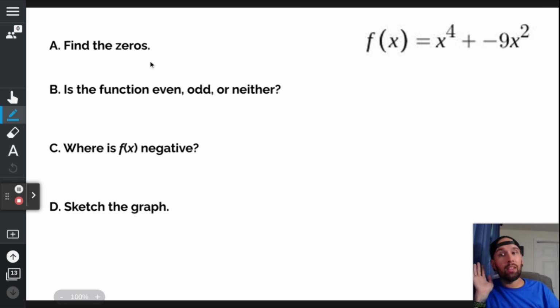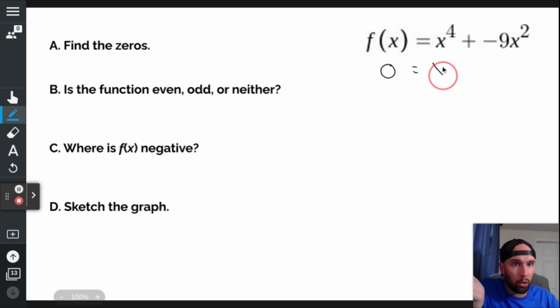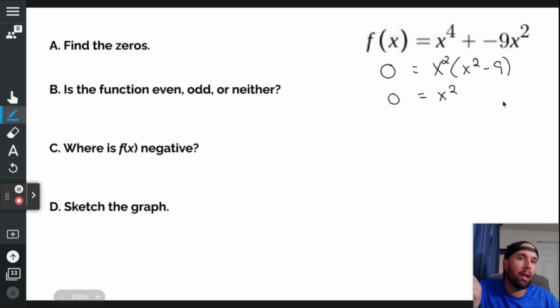Find the zeros. Finding the zeros of a regular old polynomial is done by setting it equal to 0 and factoring. Can I rip anything out from both of them? Sure can. X squared. That leaves me with x squared minus 9. Ooh, a difference of squares. 0 equals x squared times... I can factor that by thinking of 2 numbers that add up to 0 but multiply out to -9: x plus 3, x minus 3.